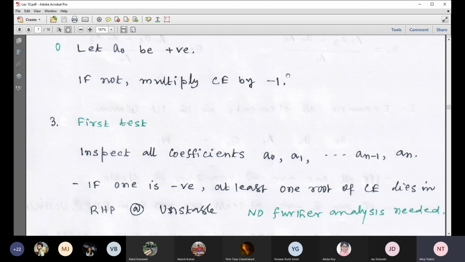This is the first test. After multiplying with -1, if A0 was not positive, you just inspect all coefficients in equation 3.